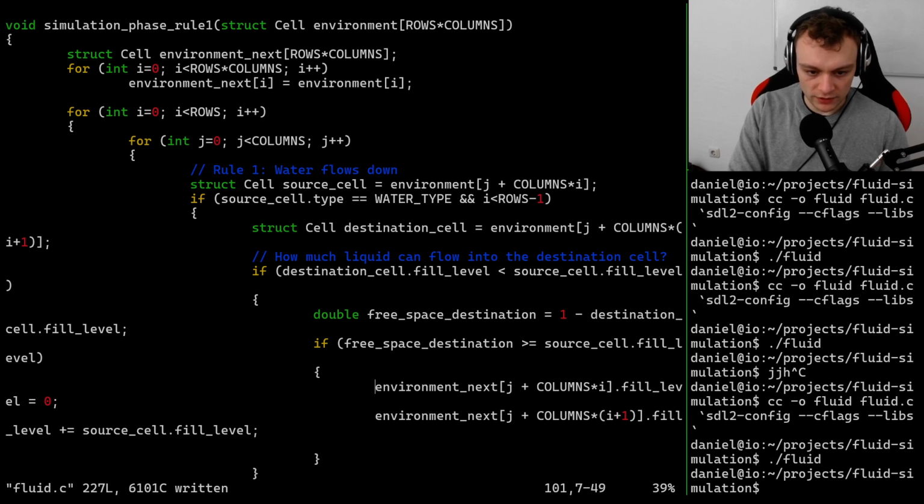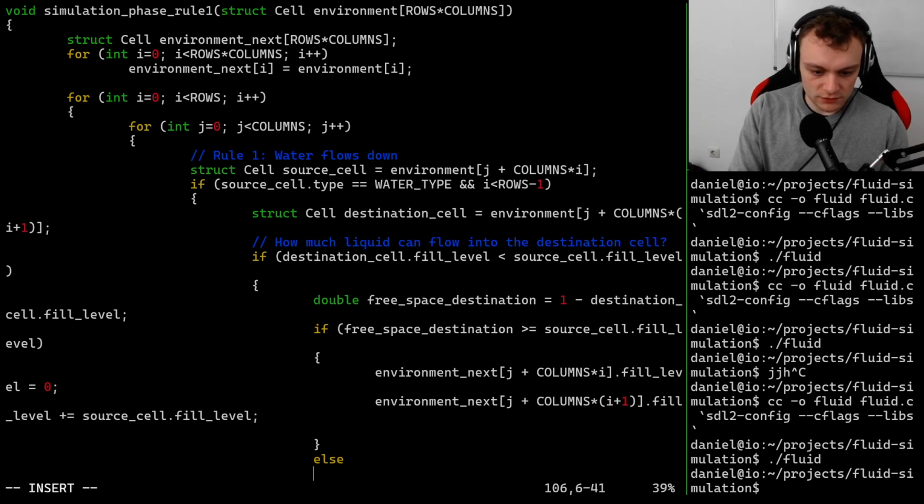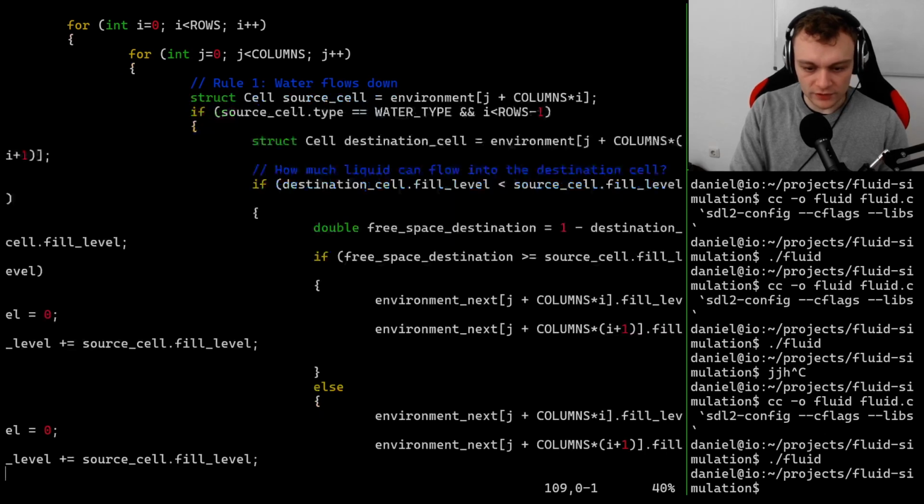Yeah, right. And then we have to also handle the case where the free space in the destination cell is smaller than the source cell's fill level, because in that case we can't transfer all the liquid. Free space destination is smaller than. Maybe it's just a simple else case is sufficient in that case. And here we can probably copy the fill level code here.